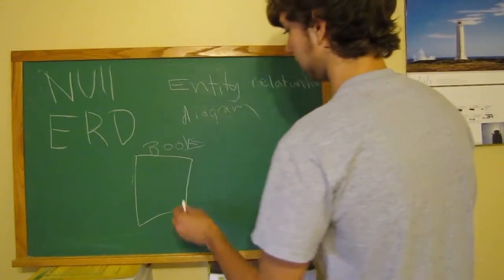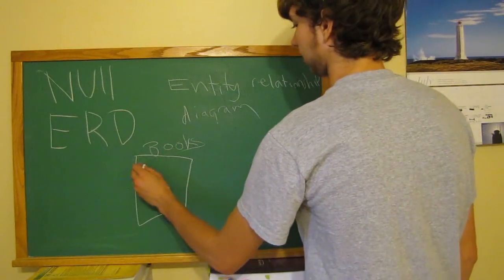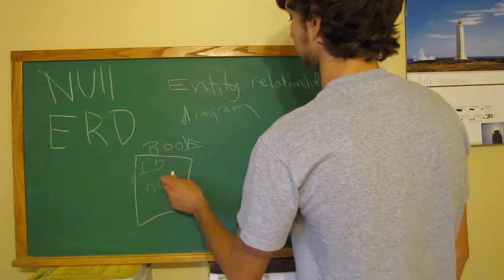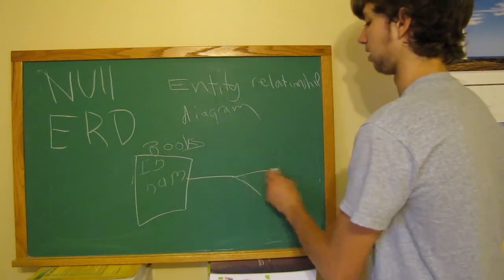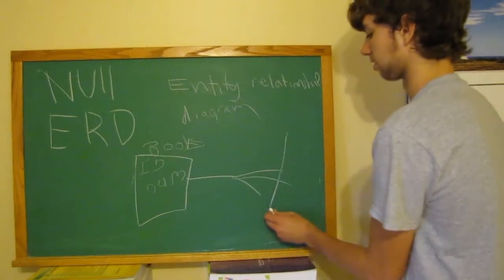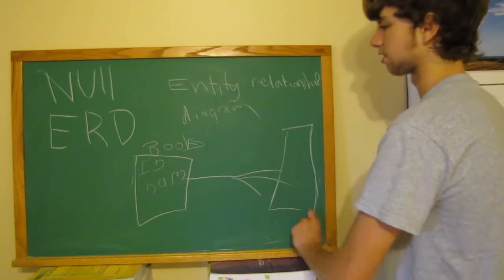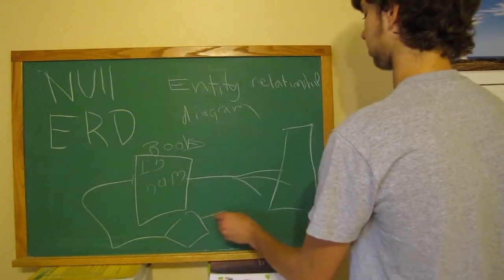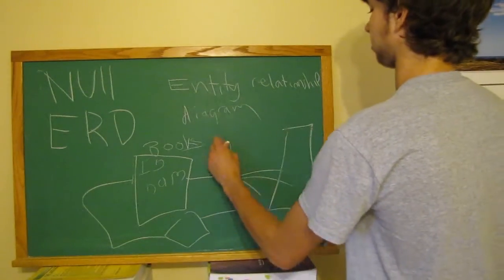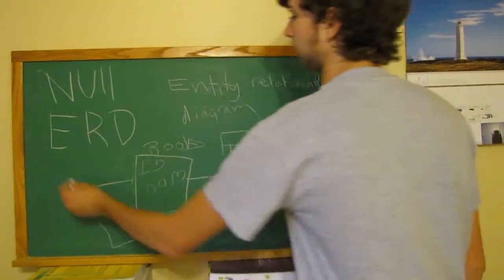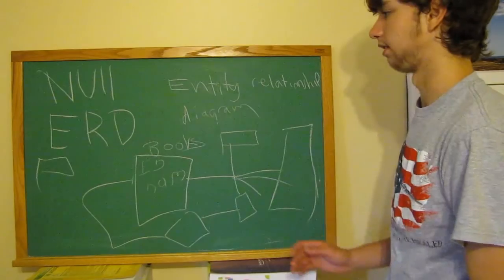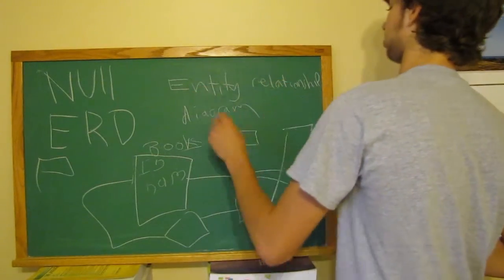MySQL Workbench, it's great. Books, and then you can have like ID, name, and so on. And then you can have a one-to-many relationship to something else. This is how everything is tied together, and then this is tied with another box, and this to something else. Then you have a box over here. Basically, when you draw out your database, that is called an entity relationship diagram.